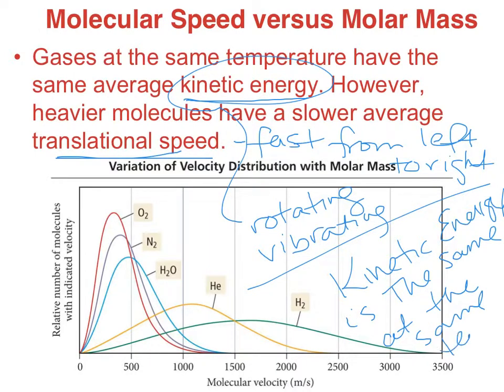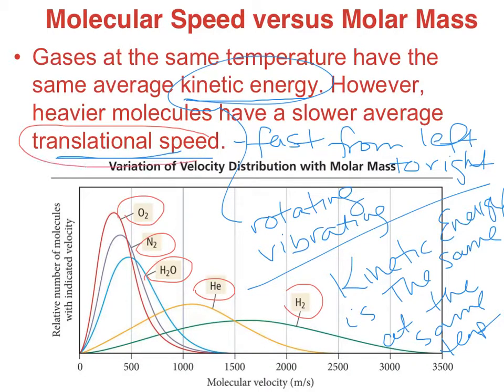So if I have a mixture of gases and they're all at room temperature, let's say 25 degrees Celsius, and one of them is this huge monstrous molecule and another is an individual gas atom, and I ask you what is the difference in the kinetic energy, your answer is there is no difference if they're at the same temperature. It doesn't matter their size. However, what does differ depending on their size or molar mass is their speed, their translational speed or their velocity.